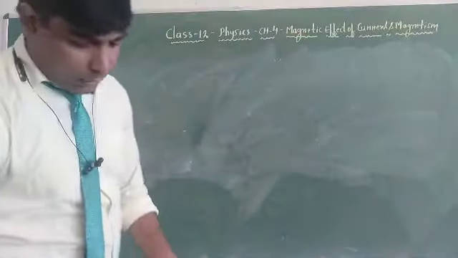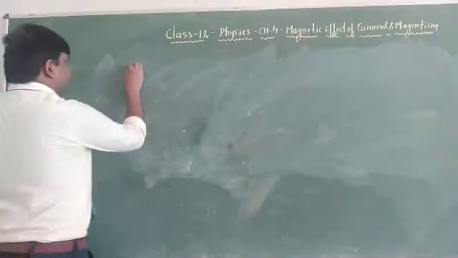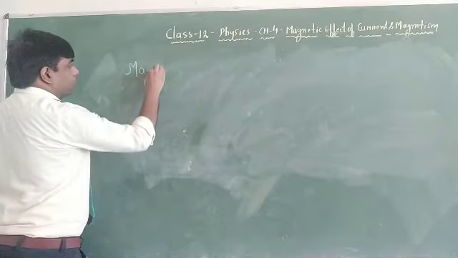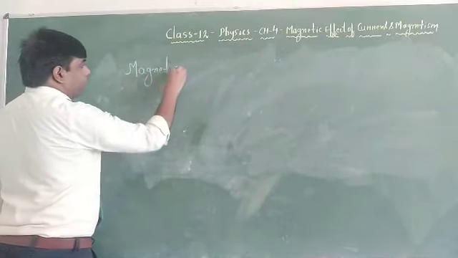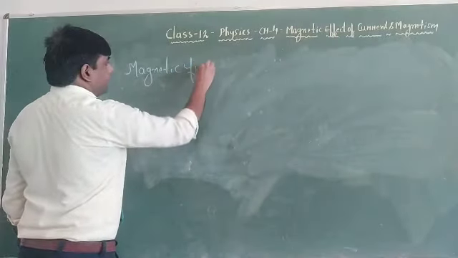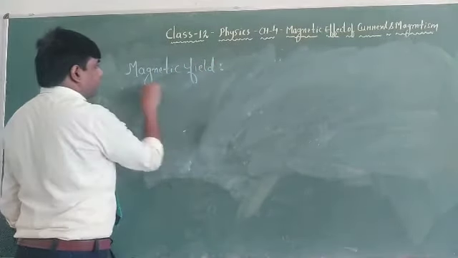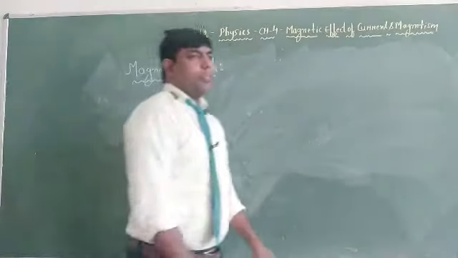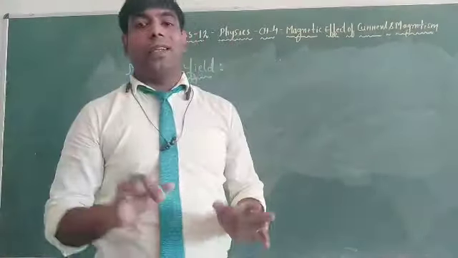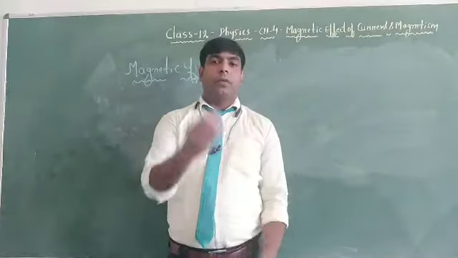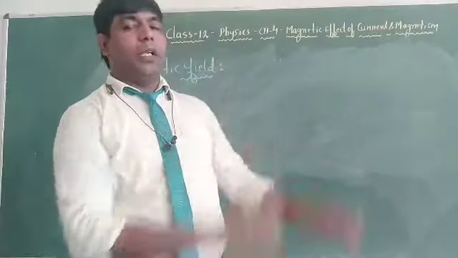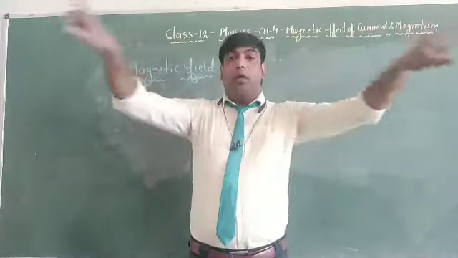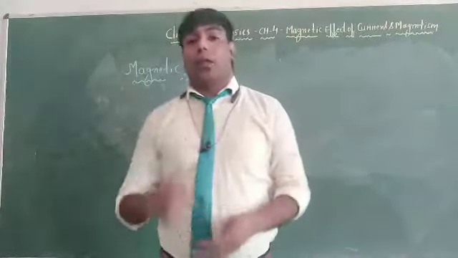Now see, we have to define the magnetic field. See, field means the space around anything where its effect can be felt. For example, we take the example of a police officer of a given area, then he has some range, means he has a boundary of area within which he can work.